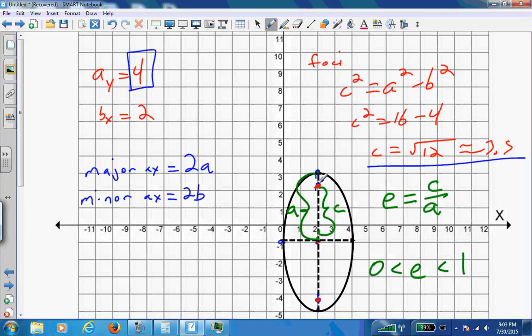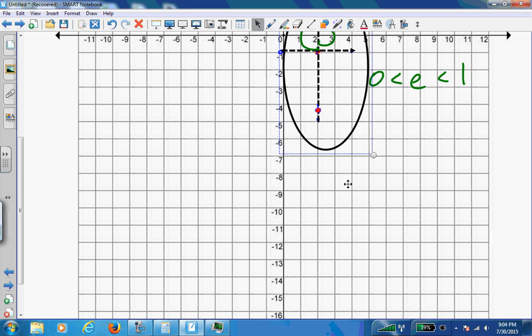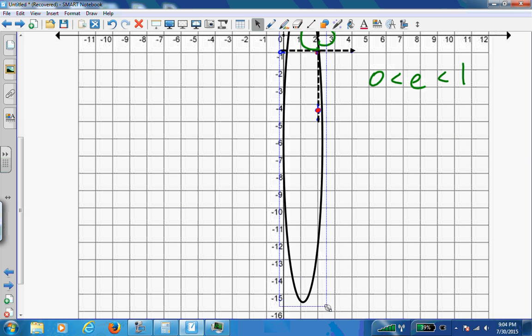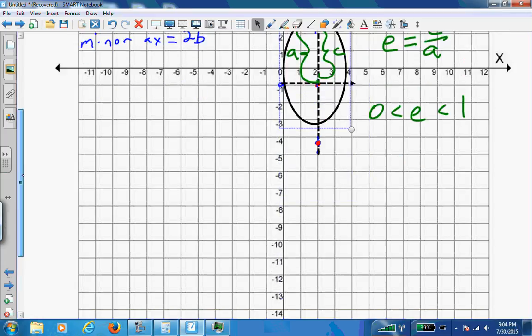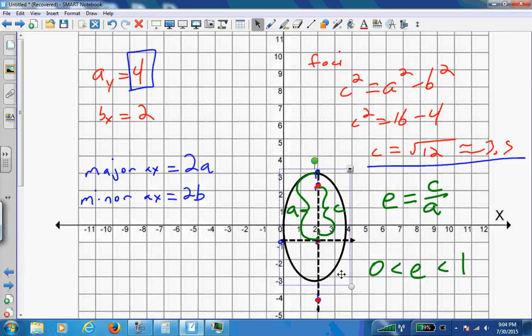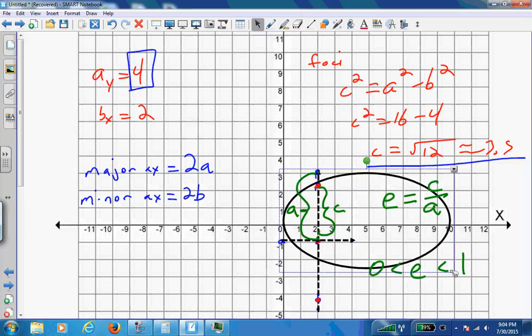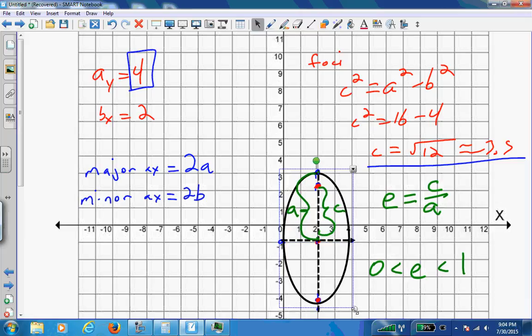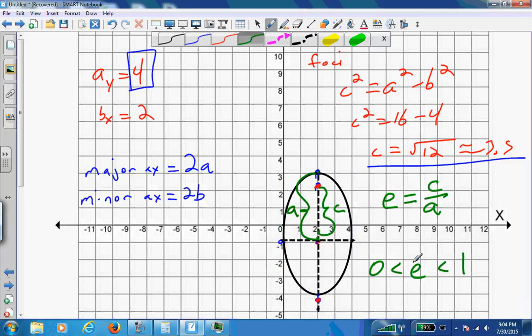Now, the closer C gets to the edge out here, the closer C gets to A, which makes E closer and closer to 1, and that stretches your ellipse out, making it longer and longer. The smaller C gets, the more round our ellipse gets. So a circle is actually an ellipse that has an eccentricity of 0.